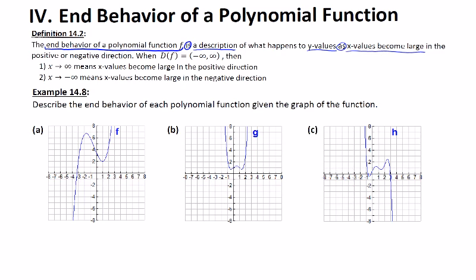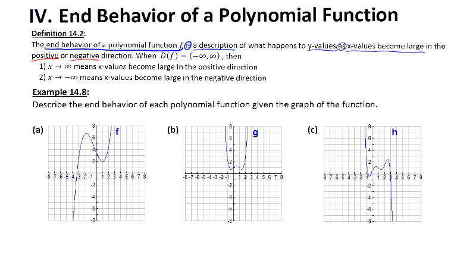Now there's two ways for x values to get large. They can get large in the positive direction, or they can get large in the negative direction. When we think about the x-axis, the x-axis is a place for us to reference the x values in a Cartesian coordinate plane. So on the x-axis, we only get to see a certain amount of the axis.